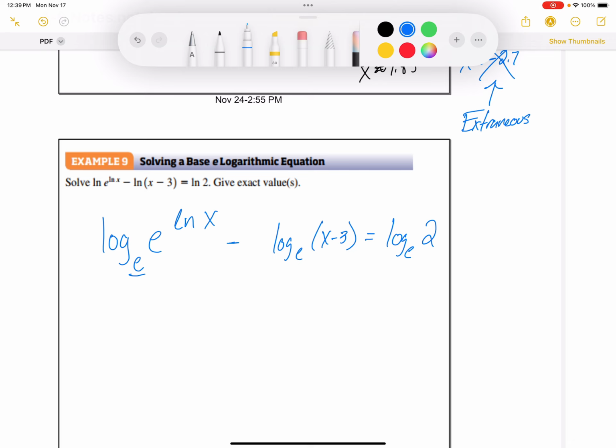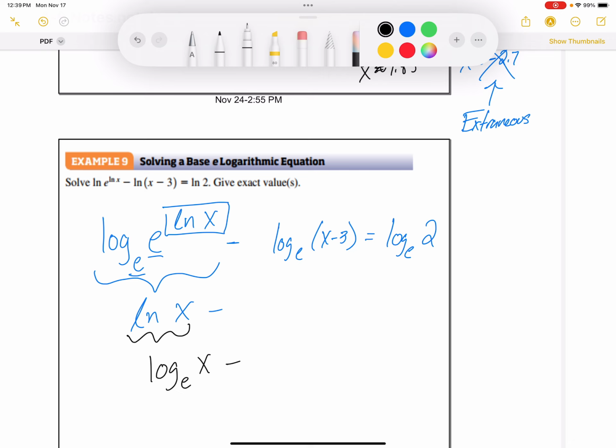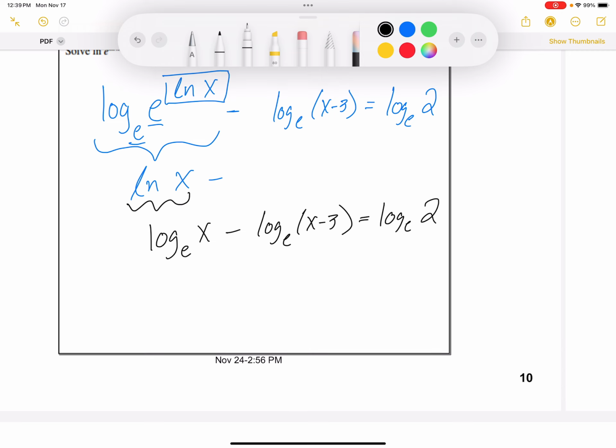Now this and this match, so I know this whole thing just comes down to be ln of x minus, and since this is also ln of x, I can rewrite it as log base e of x minus log base e of x minus 3 equals log base e of 2. Just bringing all this other stuff down.